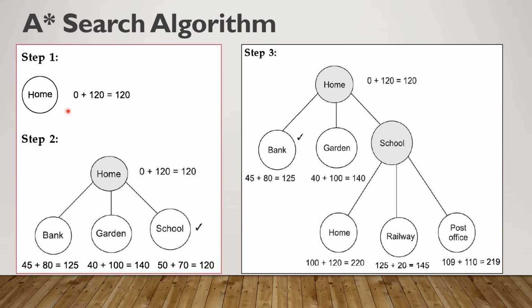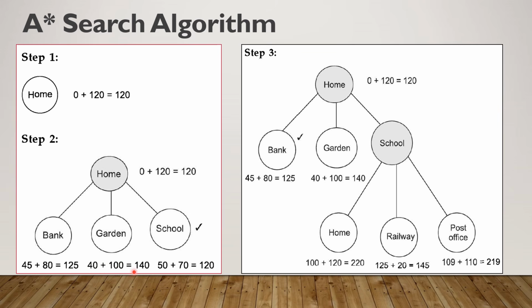And step 2. From home, this location can be expanded. Home is connected with bank, garden, and school. Home to bank, what is the f of n value? 125. Home to garden? 140. Home to school, f of n value is 120.